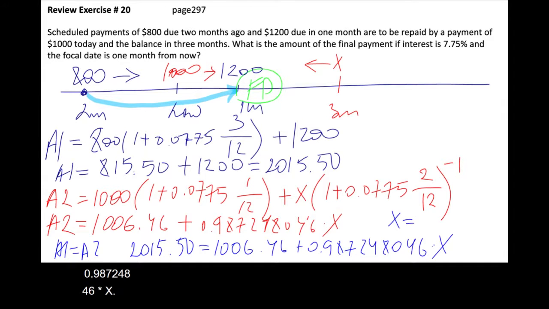So from this equation, x equals 1,022.07. So please confirm my number.